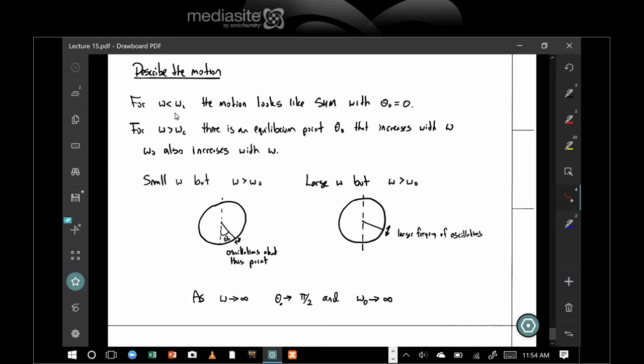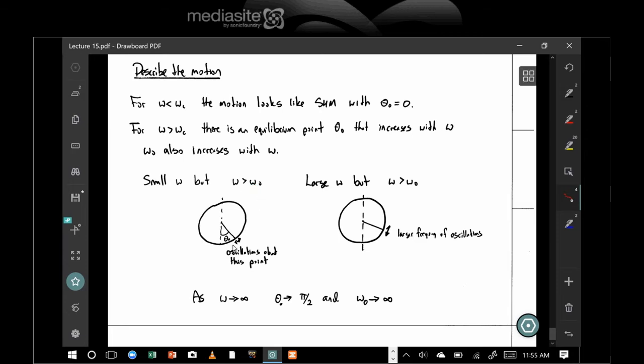I can get rid of the theta naughts and write it all in terms of omegas. I get a very simple expression: this thing looks like omega naught, because that's the frequency of small oscillations, and it looks like the drive frequency times sine times some term like this. So let's take a look at that term.